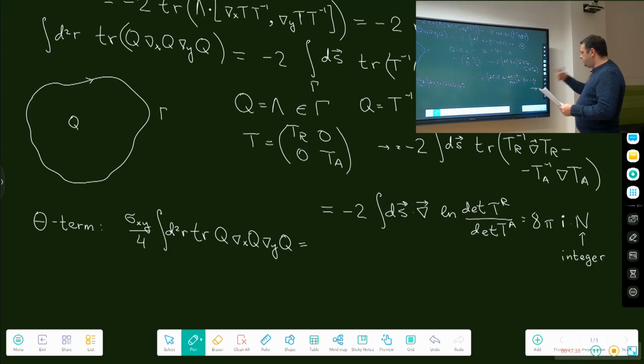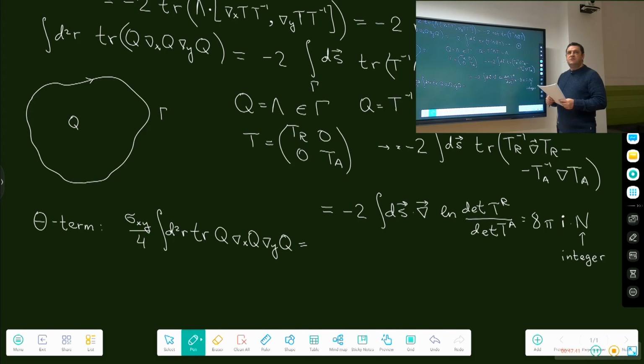And the reason for 8 is because we have these two, TR and TA. And I believe there is an additional restriction that these two determinants should be in some sense opposite to each other. The determinant of the whole matrix T should be 1. Then the determinant of TR is the inverse determinant of TA.